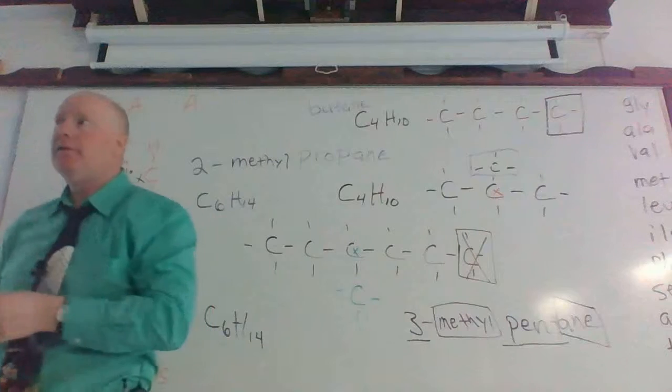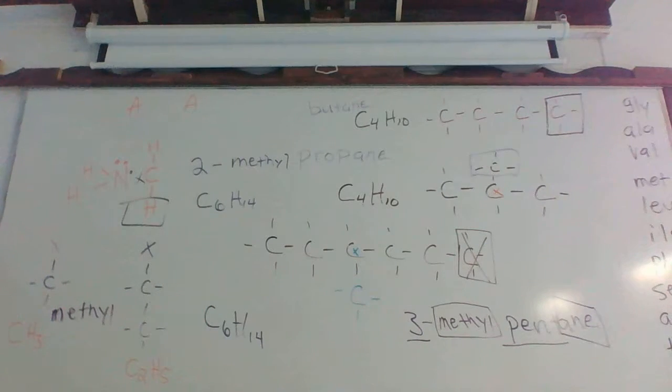Remember, an isomer is a chemical compound that has the same molecular formula, whether it's C4H10 or C6H14, but a totally different structure. Okay.